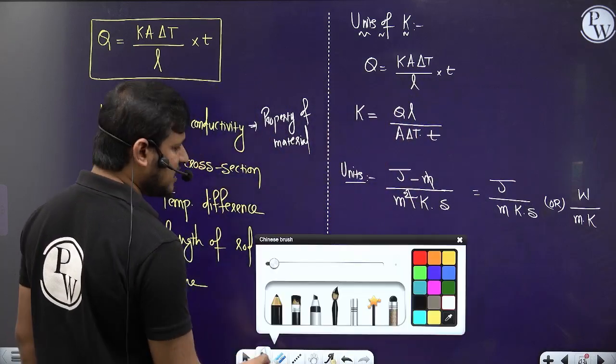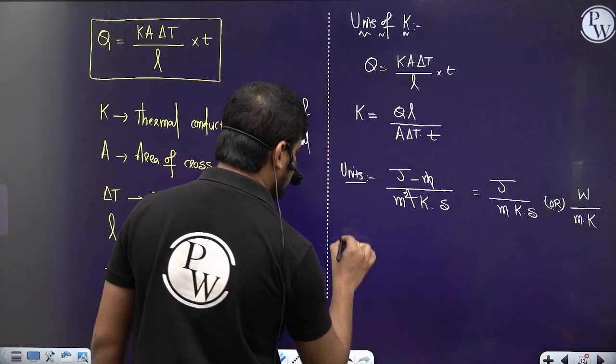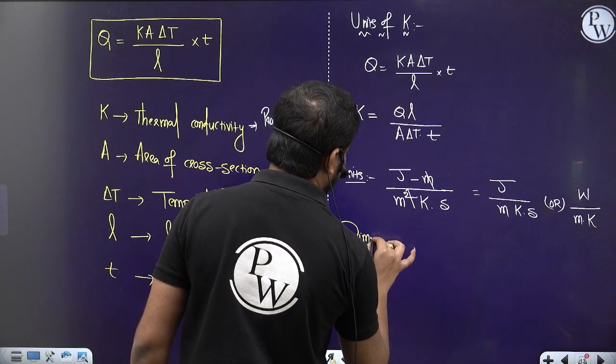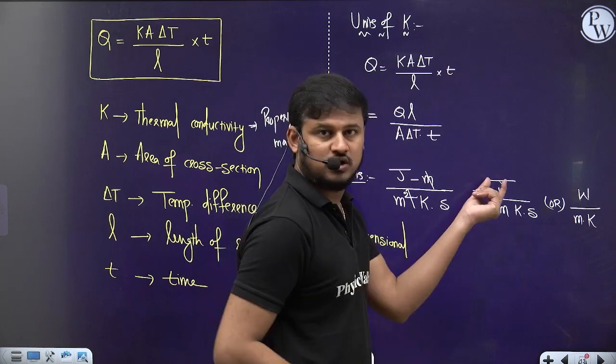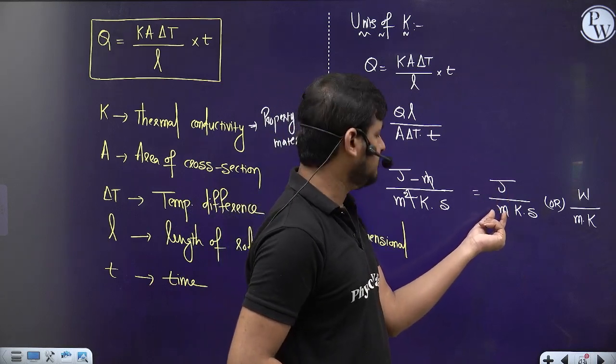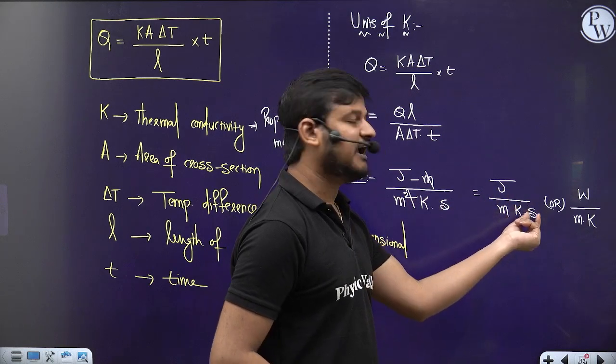Now can you write down its dimensional formula? You know the dimensions of joule, and you know those for meter, Kelvin and time.